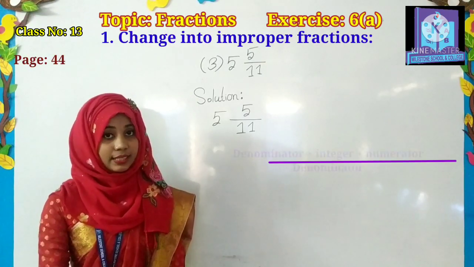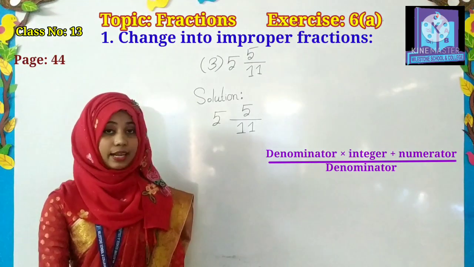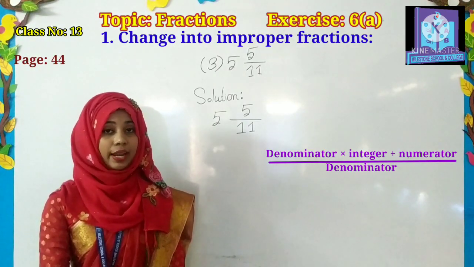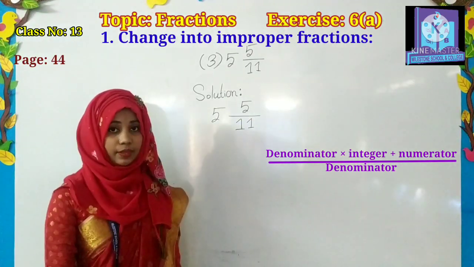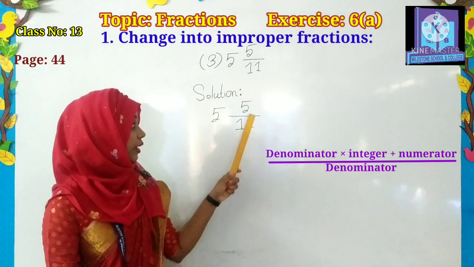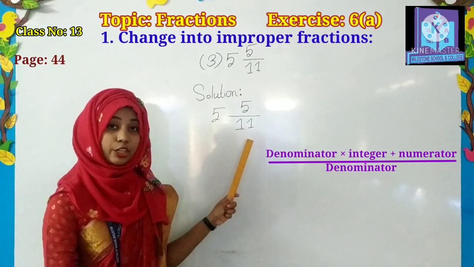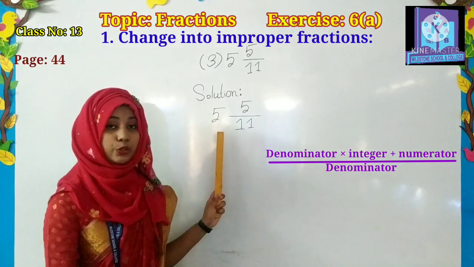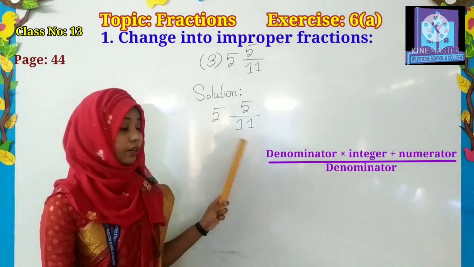The process is multiply denominator by integer plus numerator. Here 5 is whole number and 5 by 11 is a proper fraction.